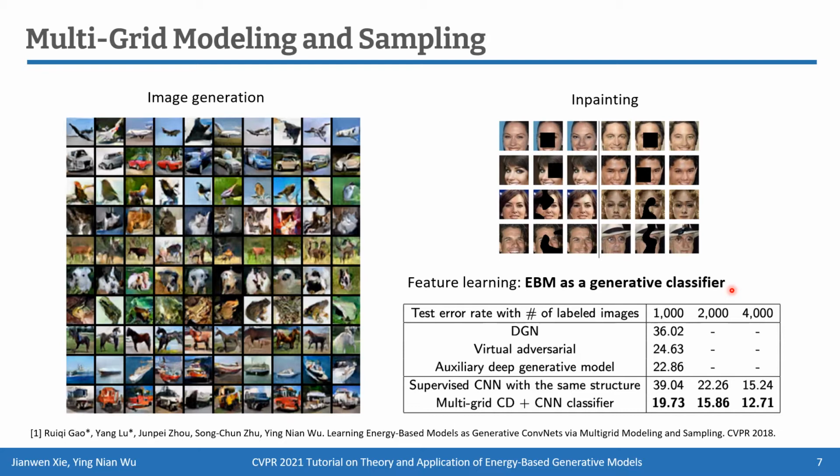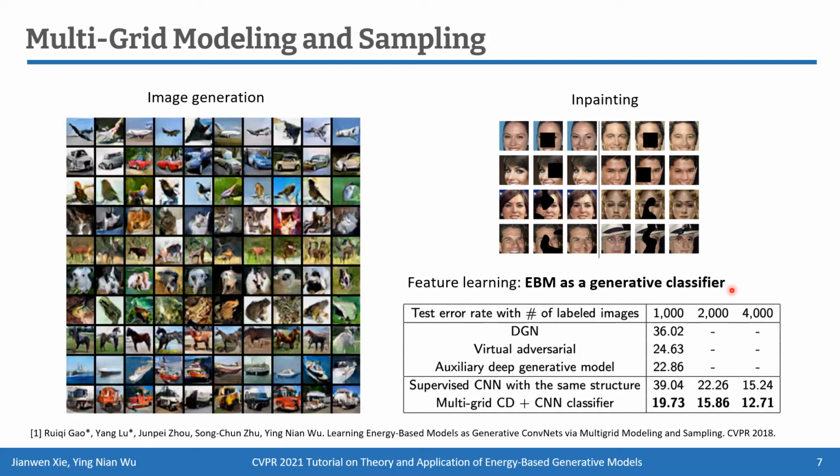And the last example is a numerical example where we show that this method can be used for semi-supervised learning. So as we discussed in the first part, the energy-based model can be considered a generative classifier. However, we can learn the bottom-up network from unlabeled data. And after learning this model, this energy function, we can then use the top few layers as features.